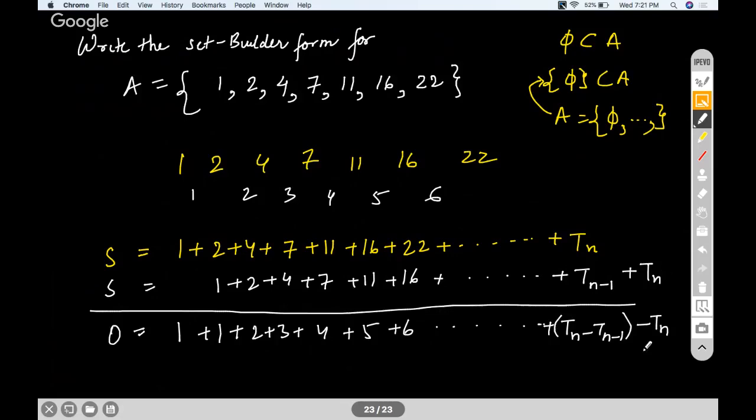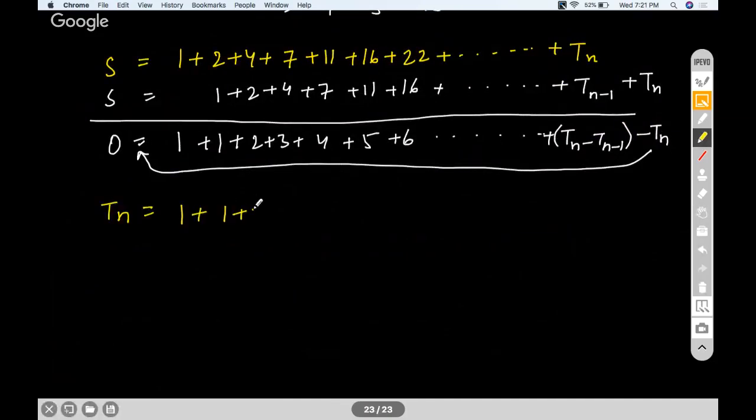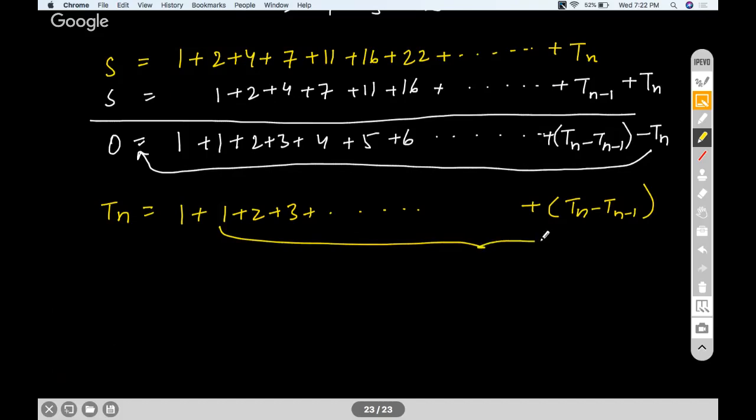Correct? Let's bring this Tn to the left side. So it'll become Tn is equal to 1 plus 1 plus 2 plus 3 all the way till Tn minus 1. Now here if you see, there are n minus 1 natural numbers added. Correct?